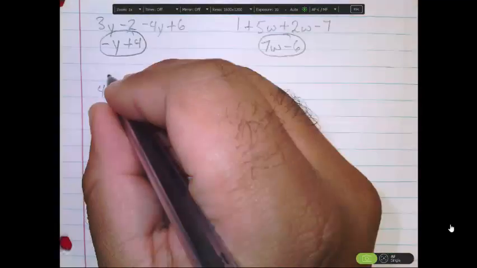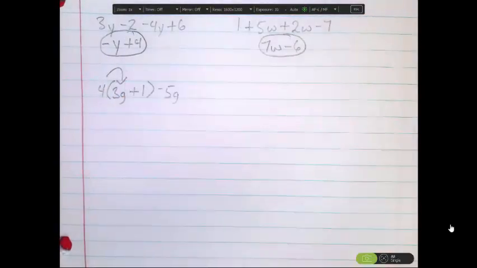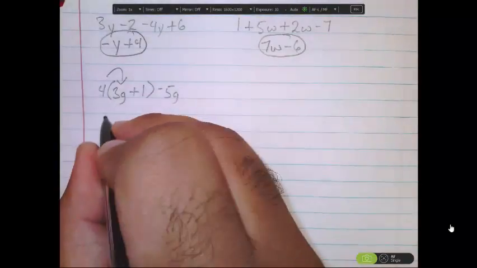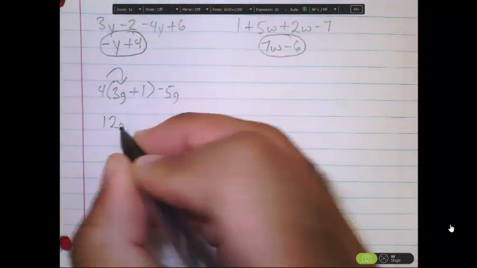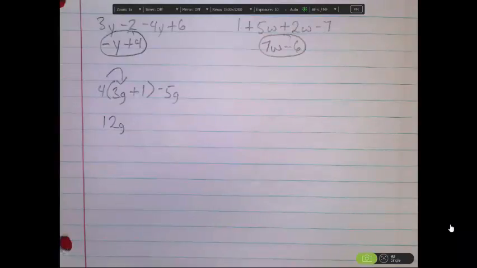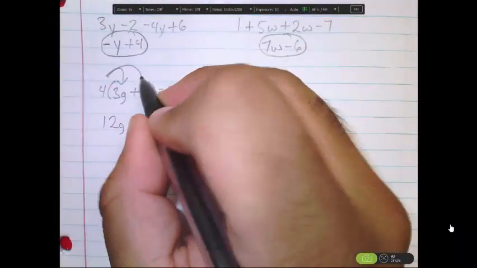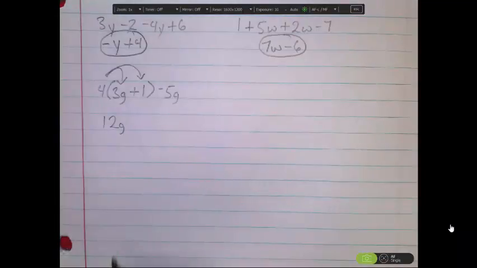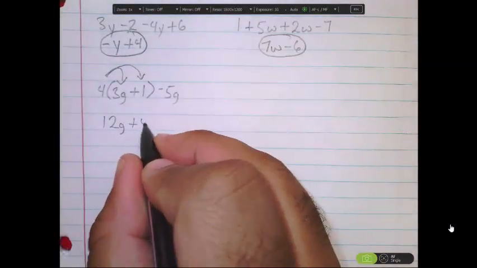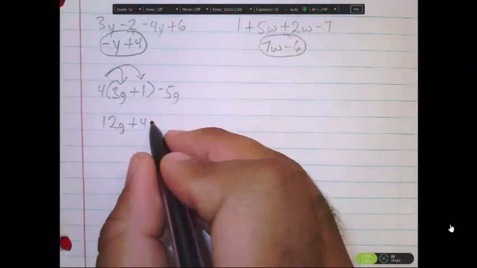So let's multiply 4 times 3g, gives us 12g. Good. And then 4 times 1 gives us 4. And then we'll bring down our minus 5g.